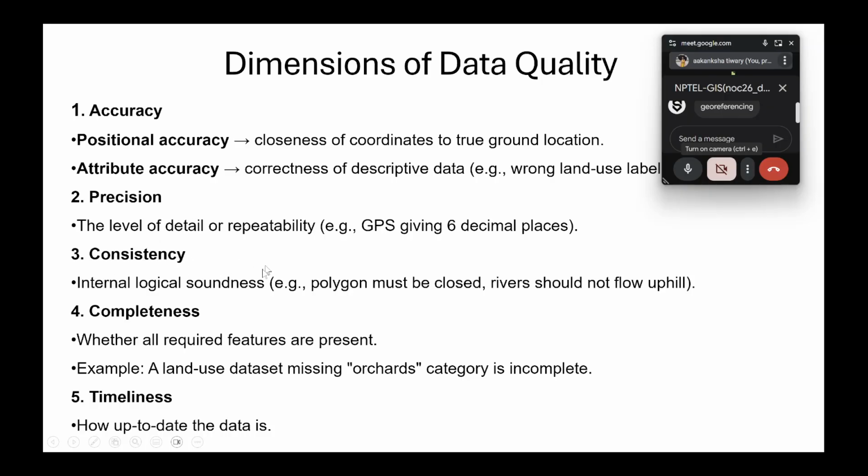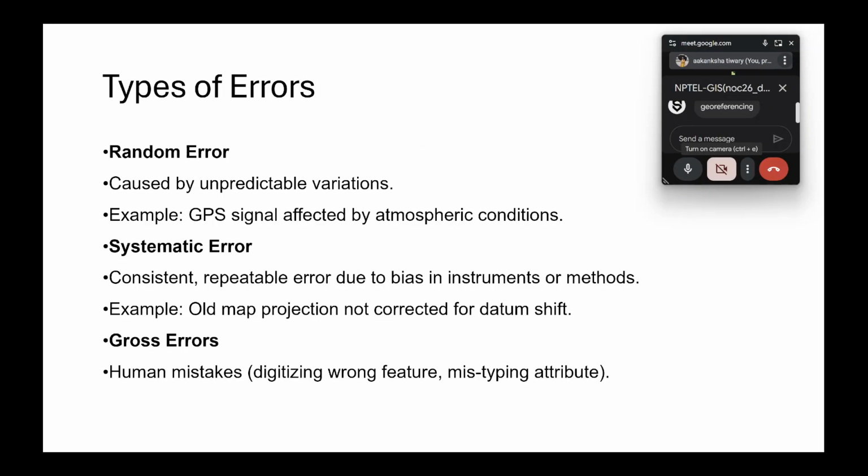Consistency means if you are creating a polygon shapefile, then it must be closed. If you are making a river shapefile, the river should not go uphill. That kind of logical consistency should be there. Completeness means all the features should be present, and timeliness means the data should be up to date.